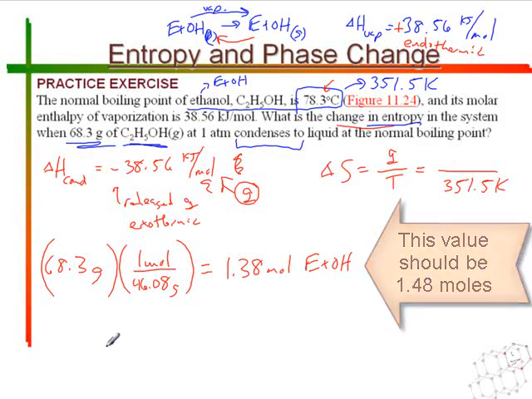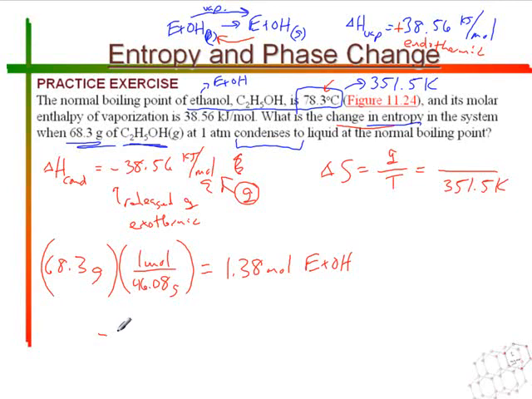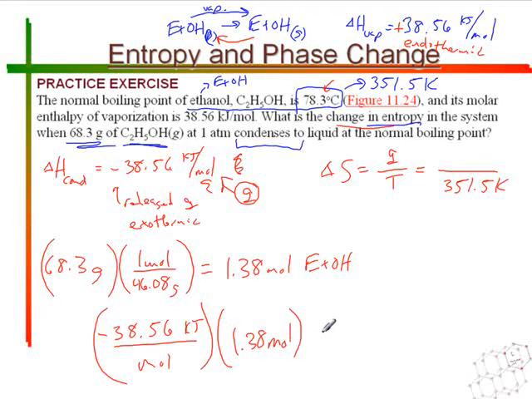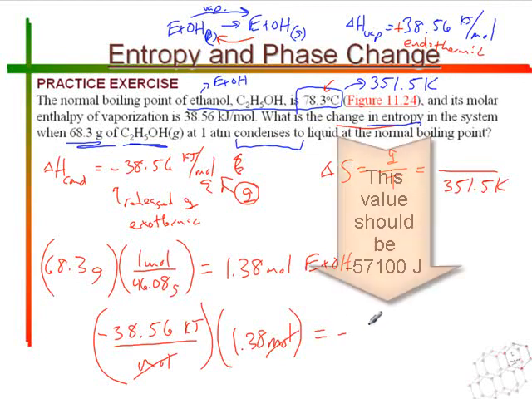All we know is that there's a net release of 38.56 kilojoules per mole of the sample. We have 1.38 moles of the sample. Well, dimensional analysis tells us if we multiply the two, then we get the amount of heat that's actually released for the sample that we're considering in this problem.